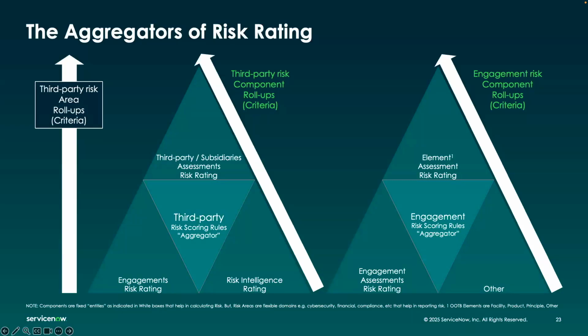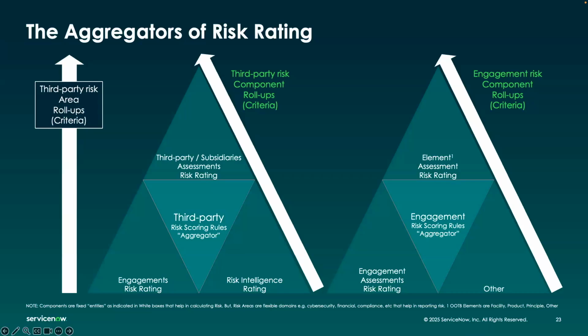Risk area criteria determines how to interpret risk across domains like cybersecurity, compliance, or financial health. Only the components included in the component criteria are factored into the roll-up. The scoring rule then applies the logic defined in the criteria to aggregate the risk ratings. The risk ratings from these components are aggregated using a weighted average to produce the third party risk rating.